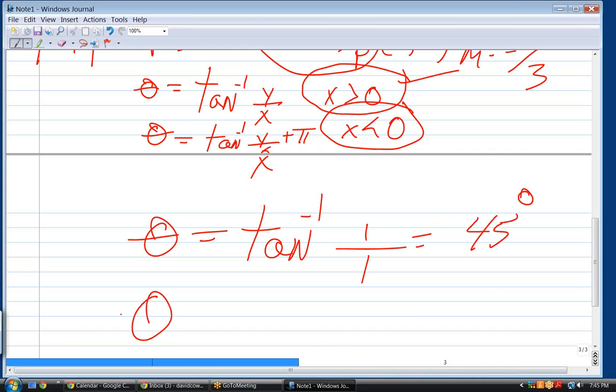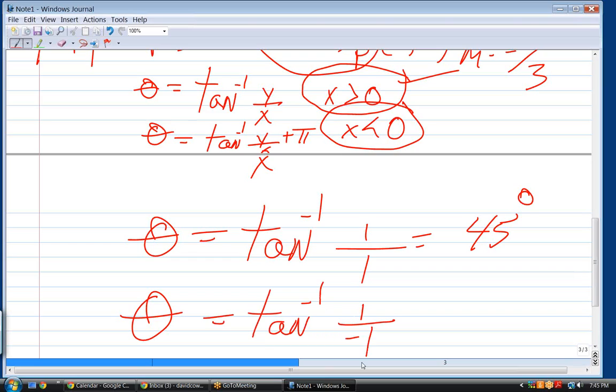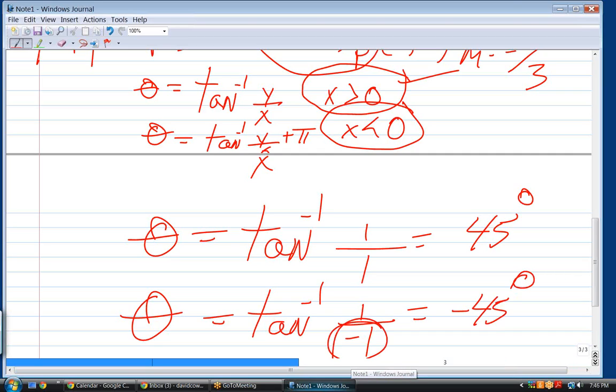But if I said theta was the inverse tan of 1 over negative 1, that's the inverse tangent of negative 1, which is negative 45 degrees. And I have to add pi to it because x is negative. So plus 180 degrees, I end up with a 135 degree angle.